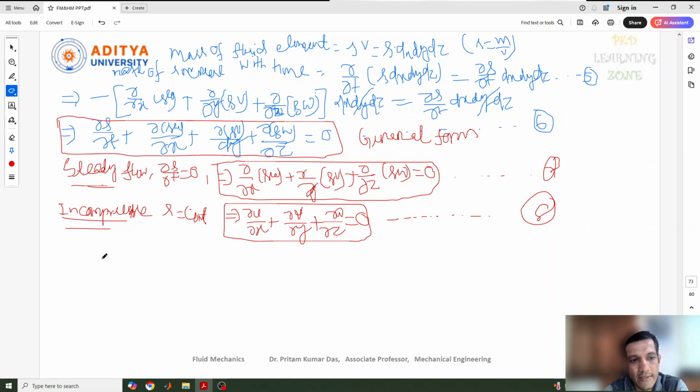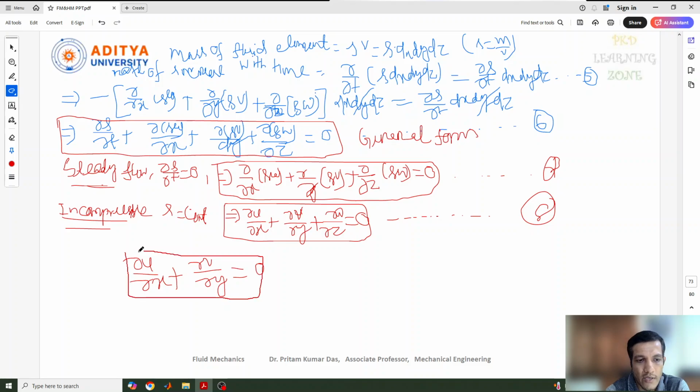Similarly, if you want to write the continuity equation for 2D, then in the 2D case the w part will be 0. So the 2D equation is nothing but del u by del x plus del v by del y equal to 0.